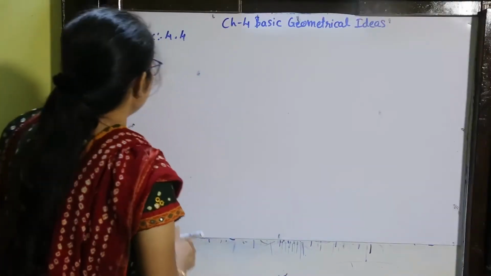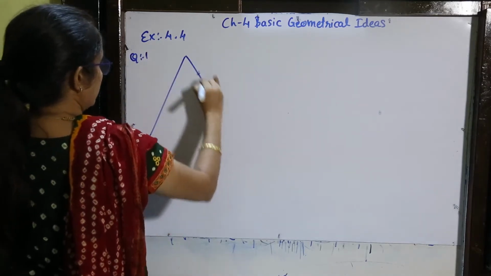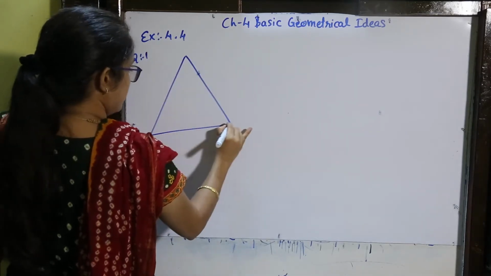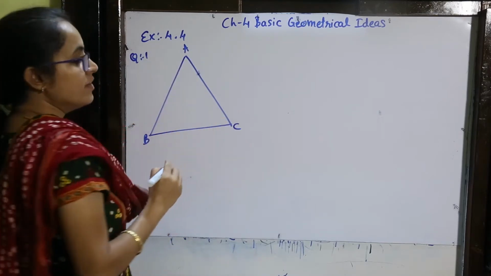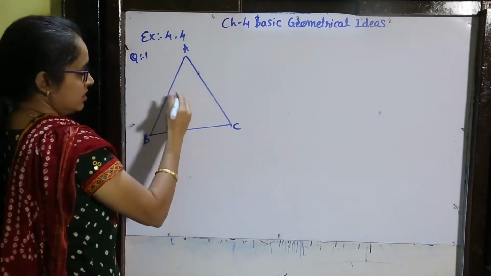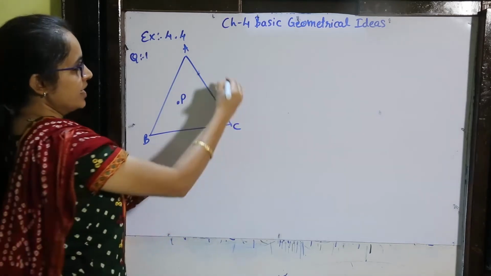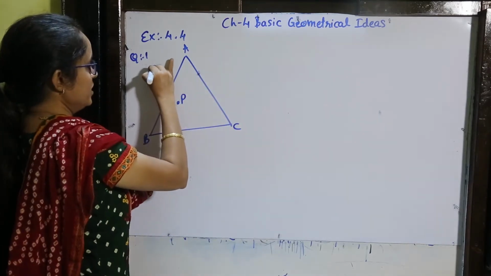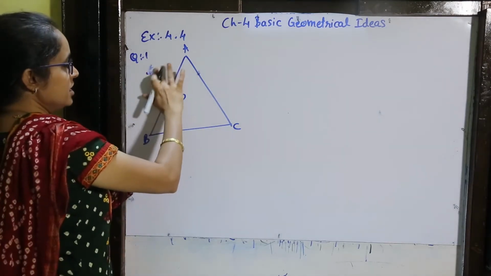So for example, I am drawing this for you, question number 1. I am drawing triangle ABC. Now interior point means which is inside the triangle. So point P is called interior point, which is inside the triangle, and somewhere point Q is outside the triangle. That's why it is called exterior point.